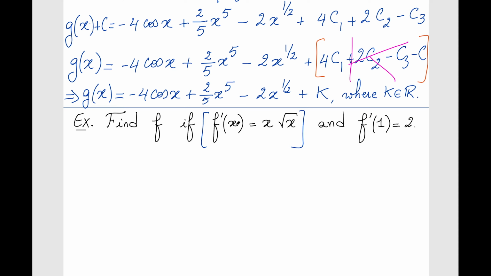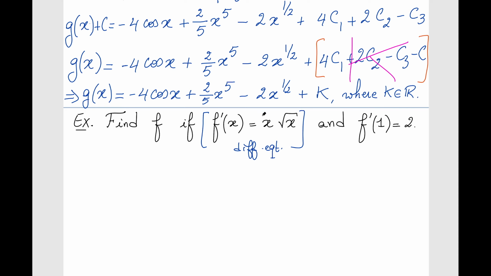So this is a differential equation, we know that. Remember, a differential equation is an equation that involves the derivatives of a function. And this is certainly involving the first derivative of the function f.